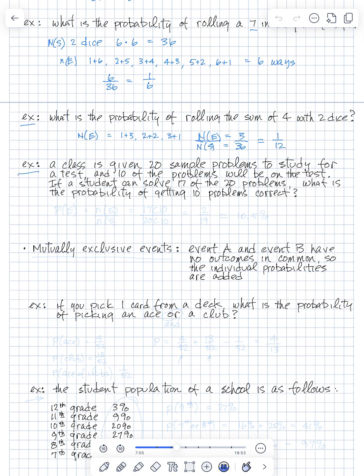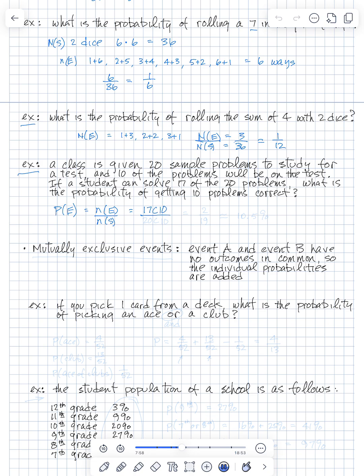Okay, the next example is a little bit different. We have a class that is given 20 sample problems to study for a test, and 10 of those problems will be on the test. If a student can solve 17 out of 20, what's the probability that they will get all 10 problems correct on the test? The probability of the event is n of e over n of s. Now, n of e is the number of combinations of getting 10 out of 17, so we write that as 17C10.